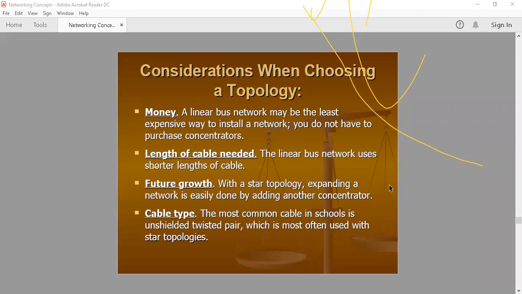The most common cable which we use in smaller networks is unshielded twisted pair, which is more often used in star topologies. But when you are transferring the data and you are having multiple branches and you require higher speed of data, then you need to use UTP, unshielded twisted pair.